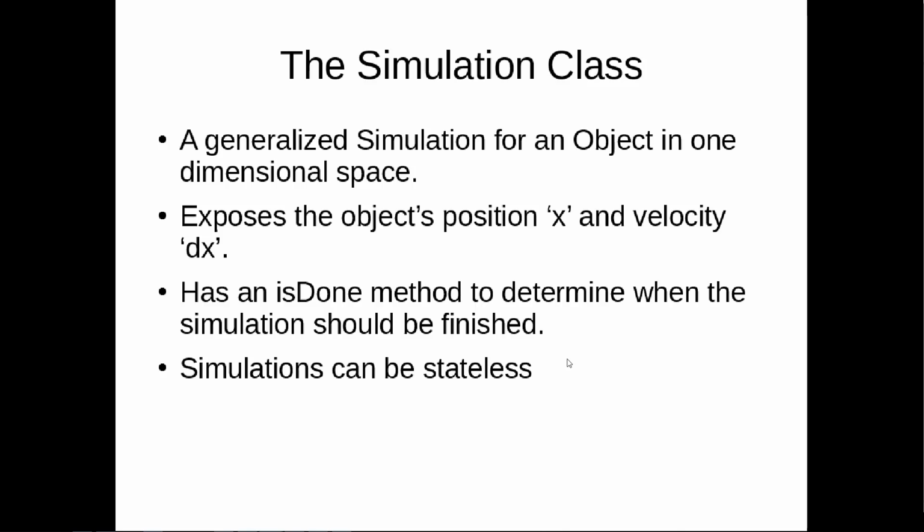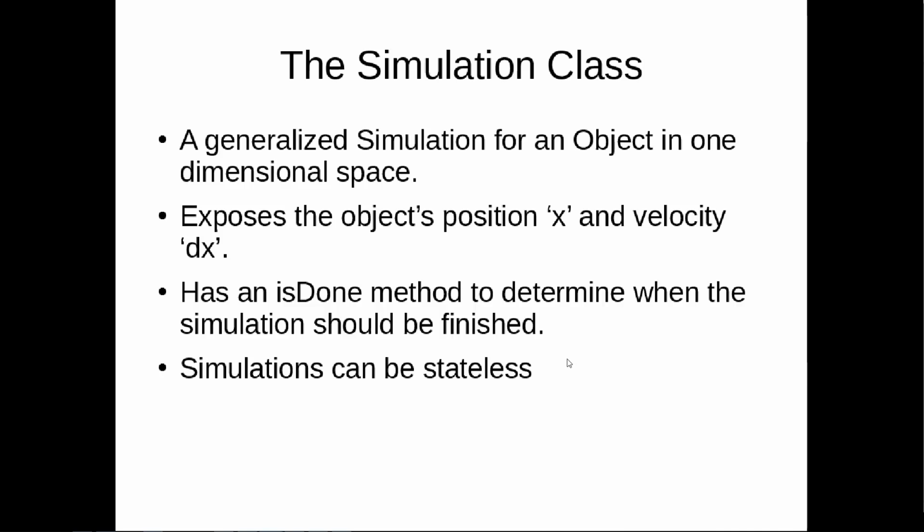The simulation object inside of Flutter is a generalized simulation for an object in a one-dimensional space in relation to time. Inside of this class, we have three major methods that we can override. We have the position, which is signified by the letter x.